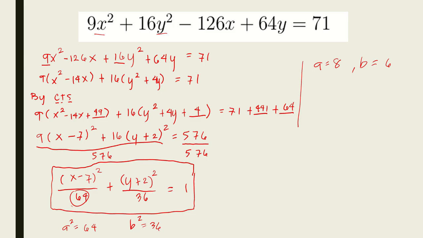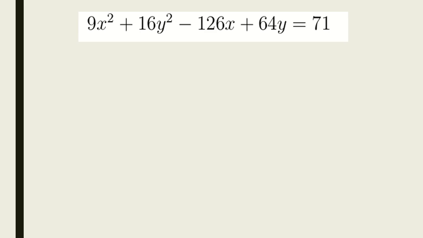So why is it 8 and why is it 6? Because the square root of 64 in our a squared is 8, and the square root of 36 in our b squared is 6. We need to solve for the c.